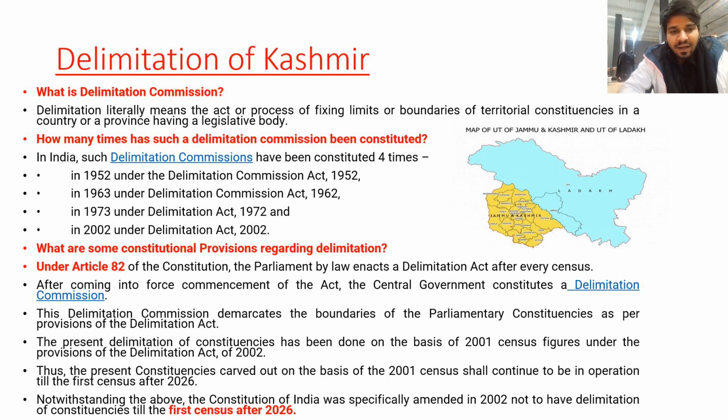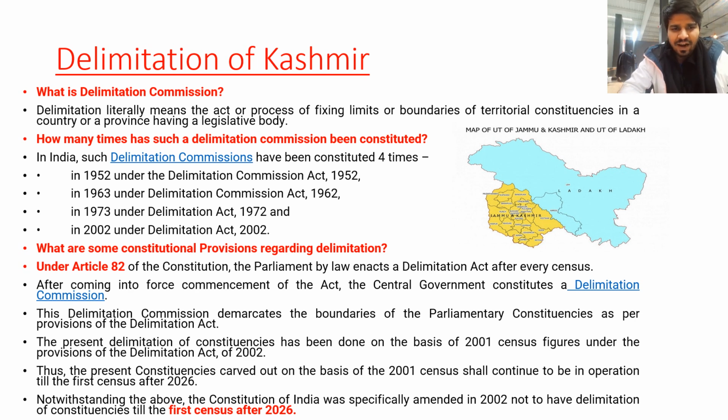This is why the delimitation of Jammu and Kashmir has been completely questioned by the politicians of the state. It was constituted in 1952, then 1963 under different delimitation acts, then 1973, and now the current Delimitation Act of 2002, right?